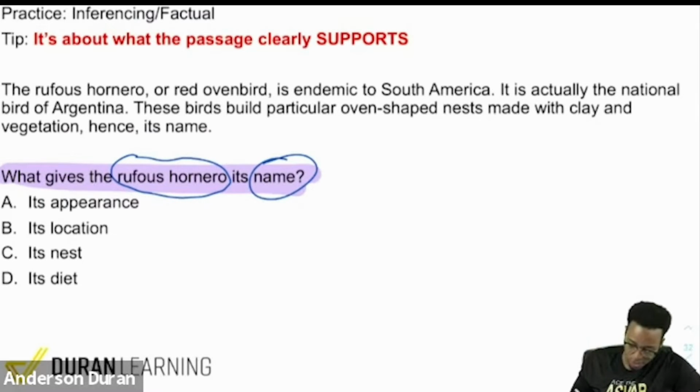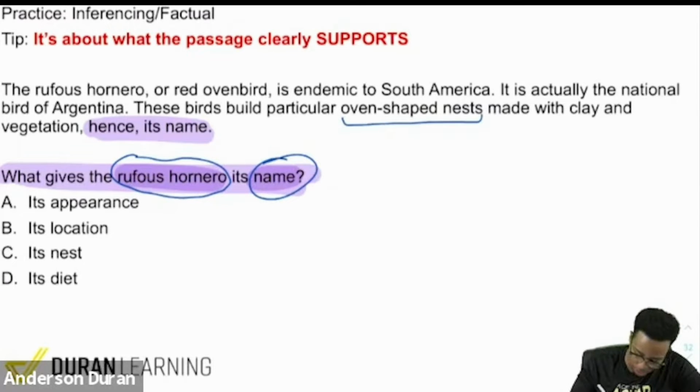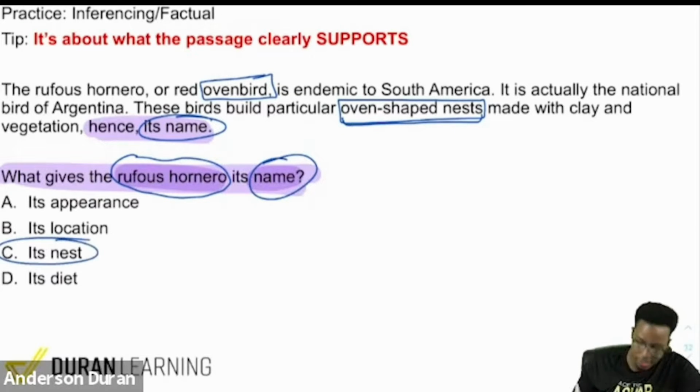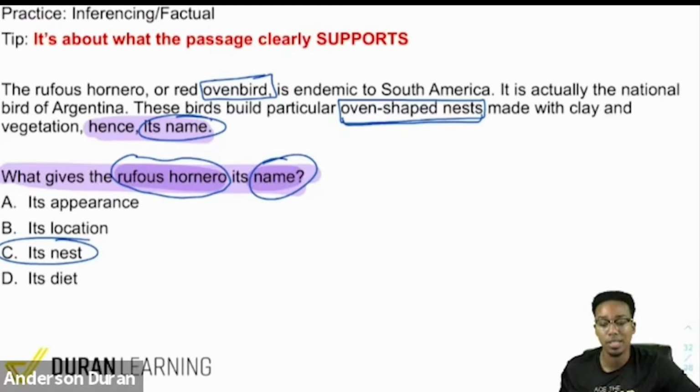The question was, how did the Rufus Hornero get its name? Hence its name. What are they talking about? Oven-shaped nests made with clay and vegetation, hence its name. Red ovenbird, oven-shaped nests. How did it get its name? Its nest. Answer is C.